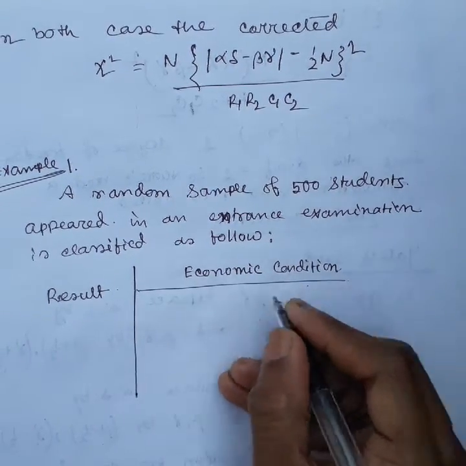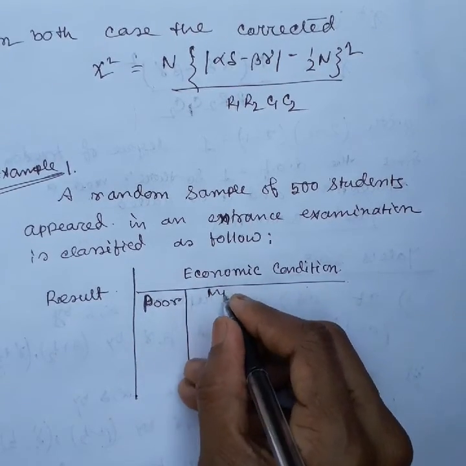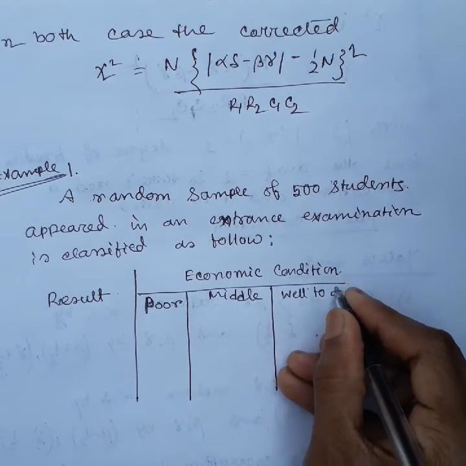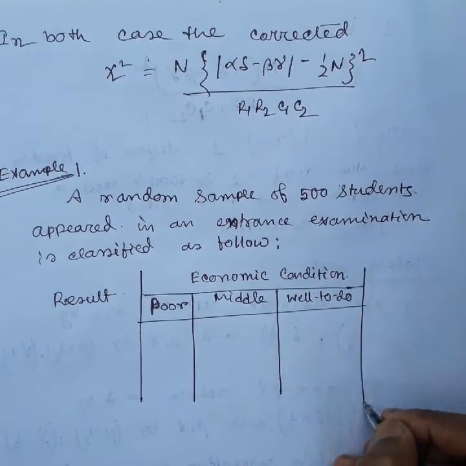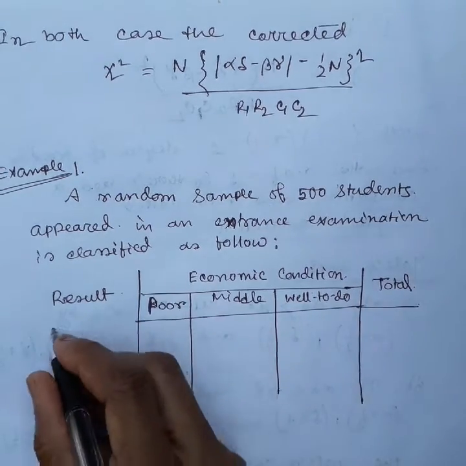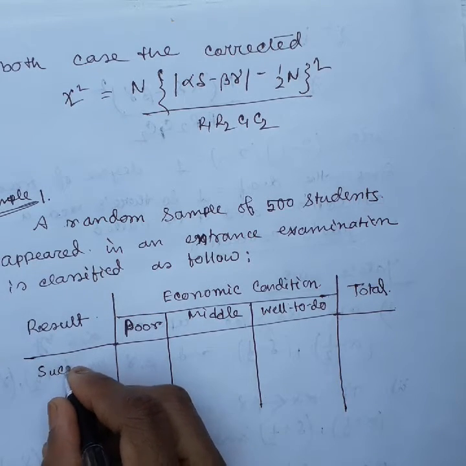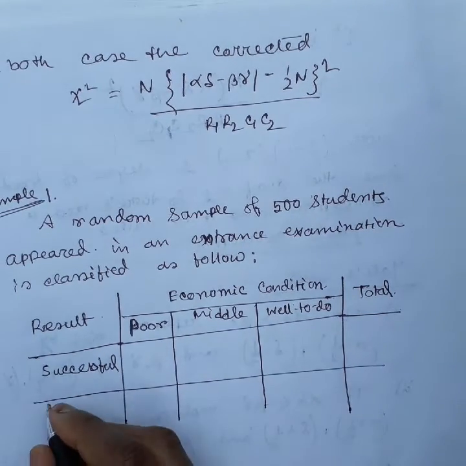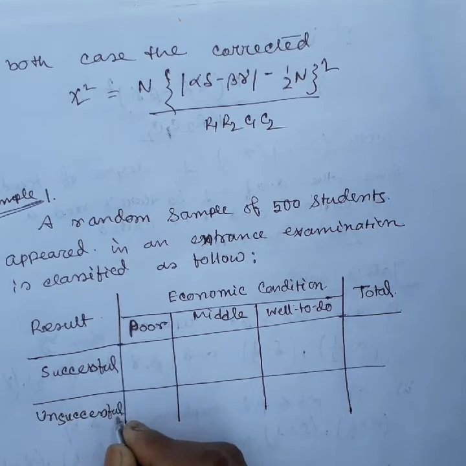Economic condition, there are three conditions: poor, middle, well-to-do, and total. In result there are two conditions, one is successful and another is unsuccessful.